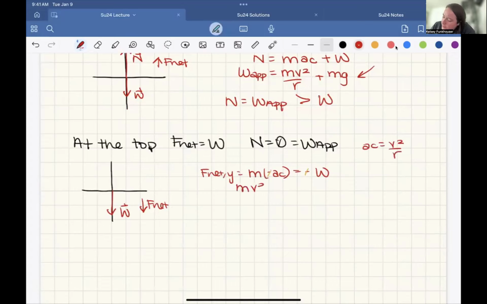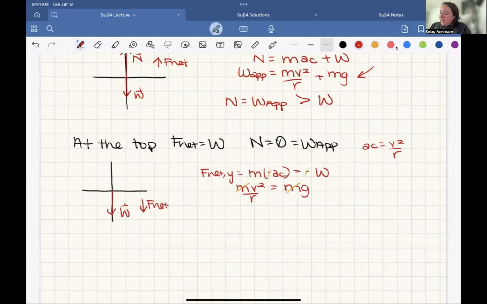So we get m v squared over r, and then I'm going to plug in the equation for weight, just mg. So our masses cancel, and then we can solve for this velocity here. Because again, we feel like we're floating, or really I think you would feel like you're falling, kind of.